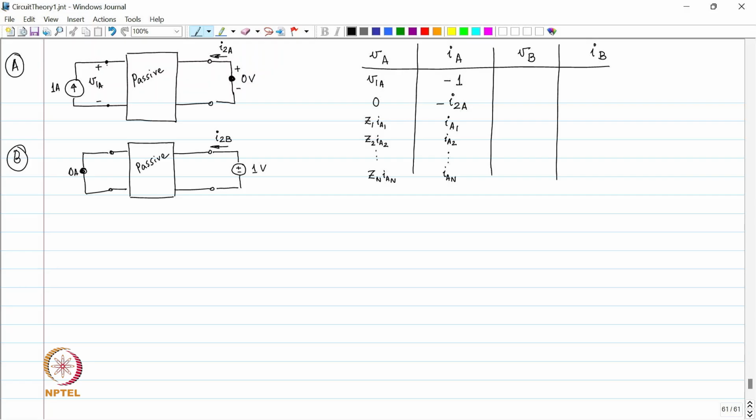Now, we proceed to experiment B, and in experiment B again I follow the same sequence.